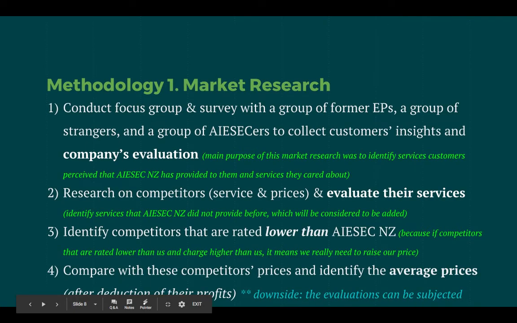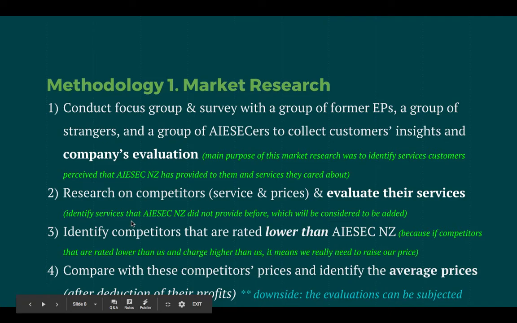So the first model is market research. The main purpose of this market research was to identify services customers perceived that ISO New Zealand has provided to them and services they cared about. The services we identify from this customer research will be put into the competitor analysis.